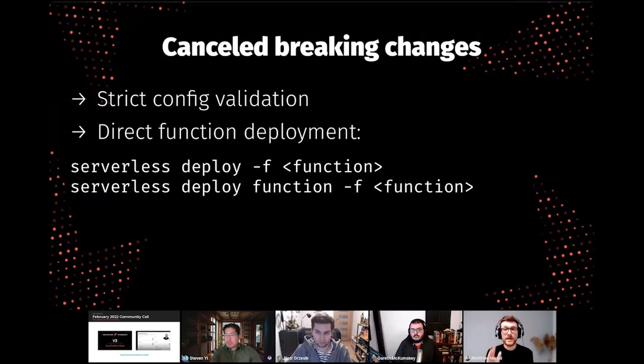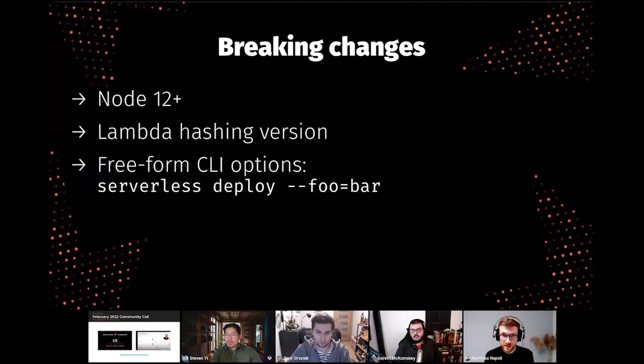Now, there are still breaking changes. These are just a few of them. Node 12 is now required. The CLI does not support Node 10 anymore, which is a legacy version. So if you are still using Node 10, you should upgrade your Node version. There were some changes in the way the code is deployed to Lambda functions.